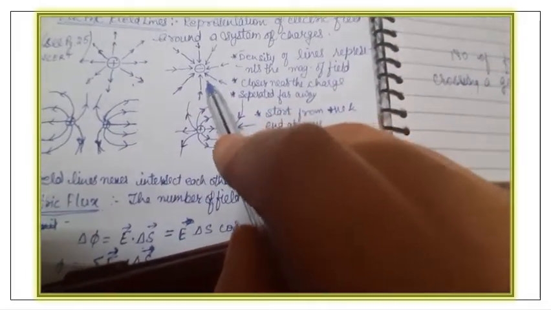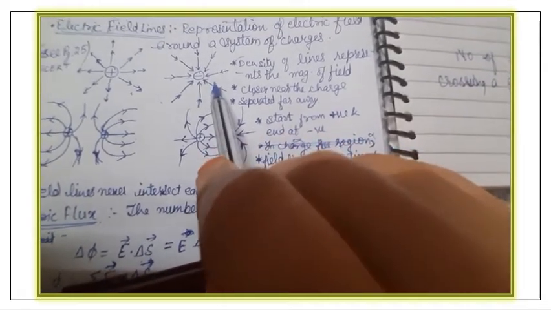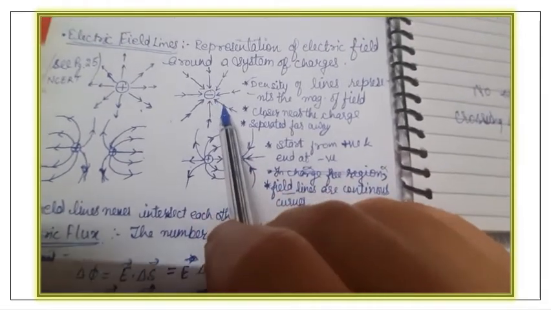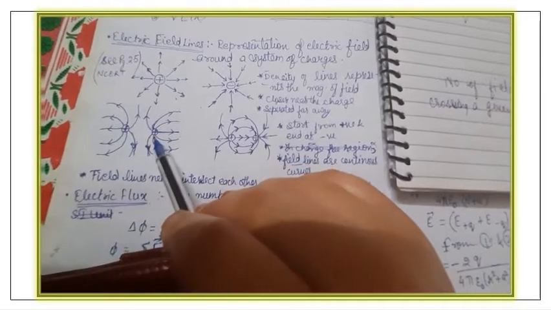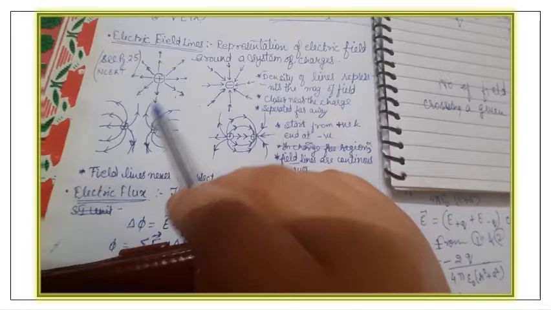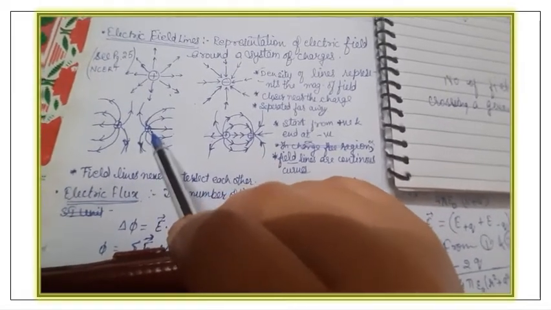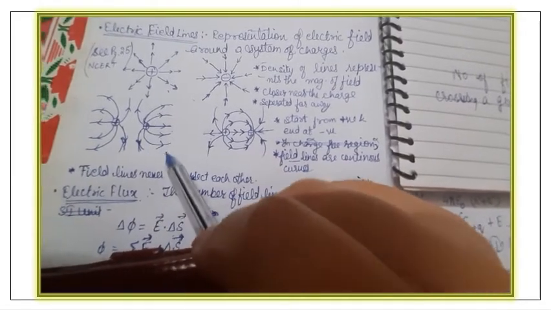In the same way, the electric field lines of a single negative charge are also radial, but they are directed inward, so radially inward. But in case of a system of two positive charges, you will see that the electric field lines are in the form of curves, and just like two similar charges repel each other, their field lines are also directed in such a way that they are repulsive.